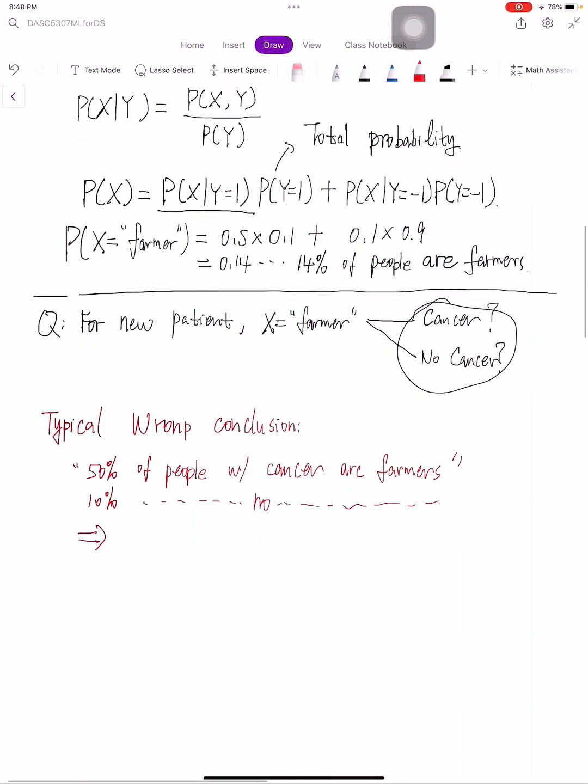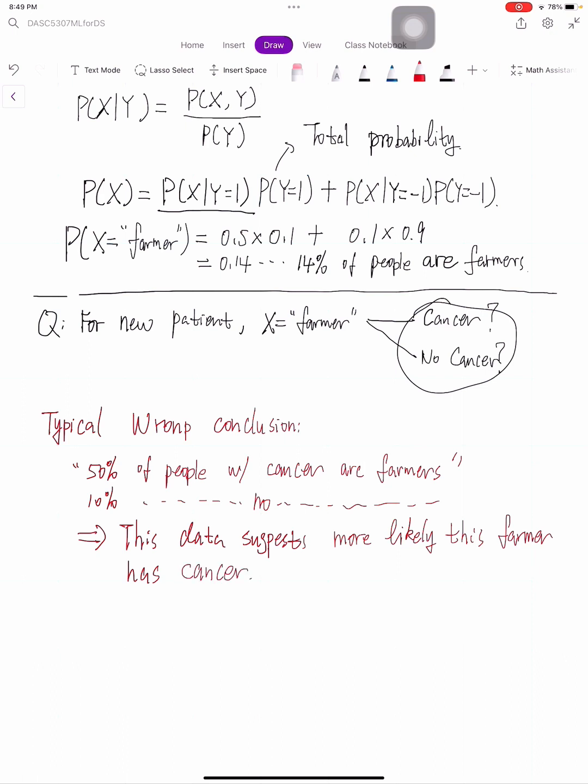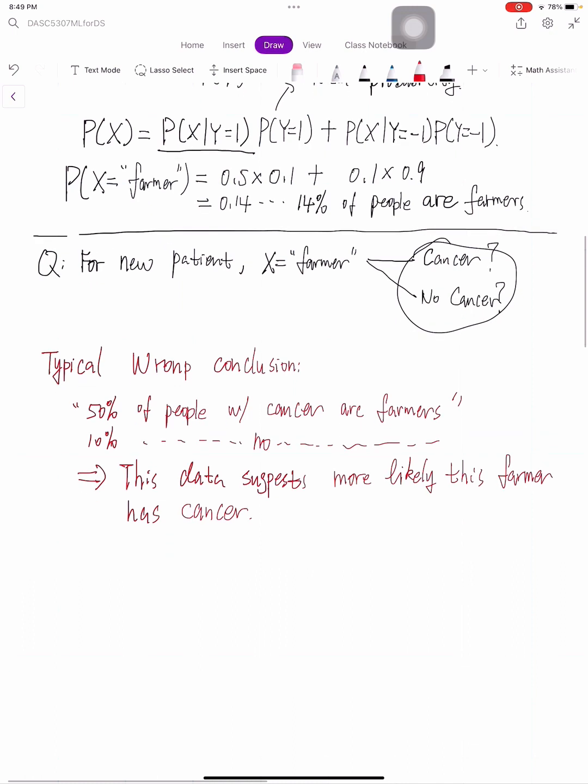From this, people may easily conclude that this information suggests it is more likely that this farmer has cancer. But this is the wrong conclusion.